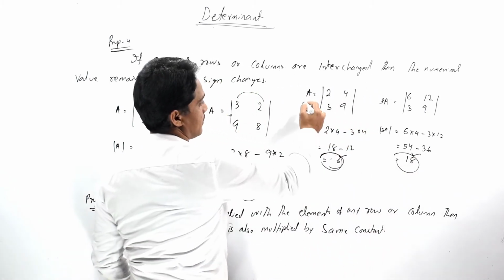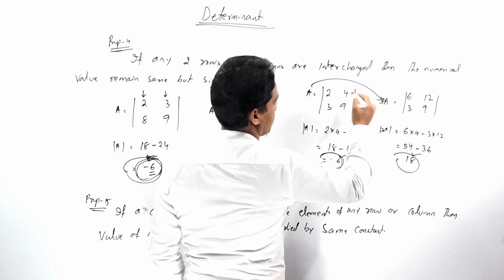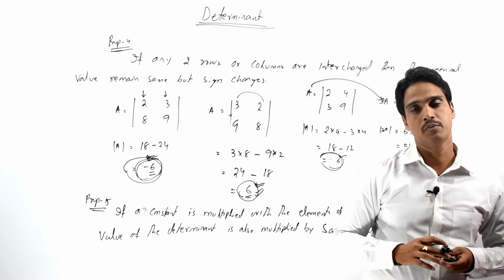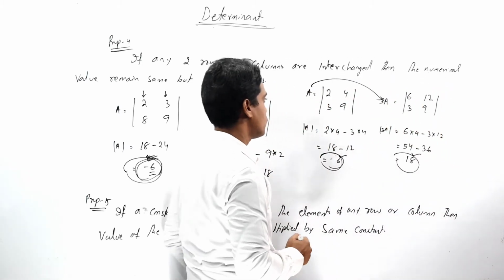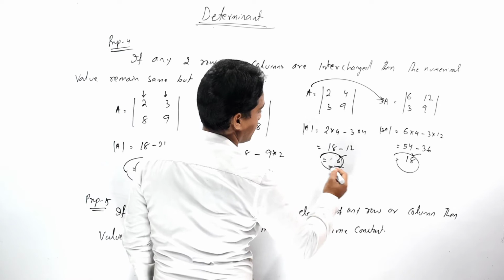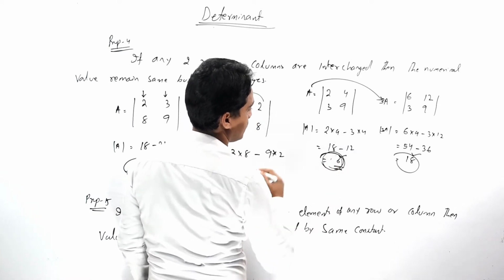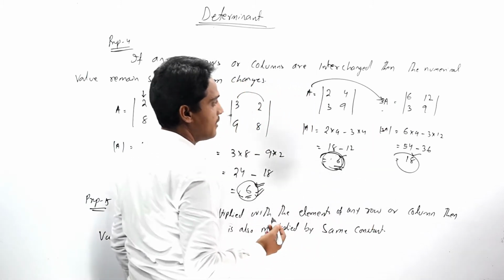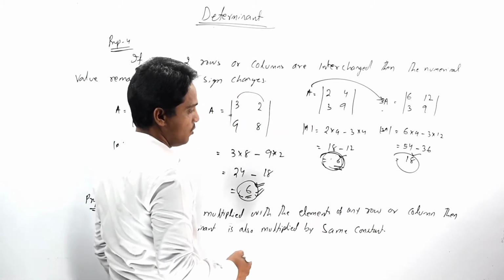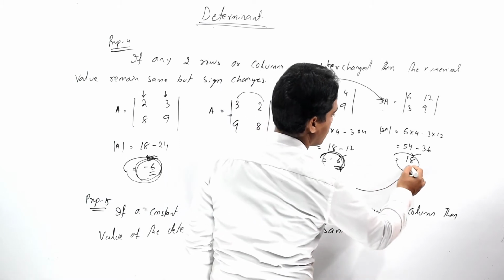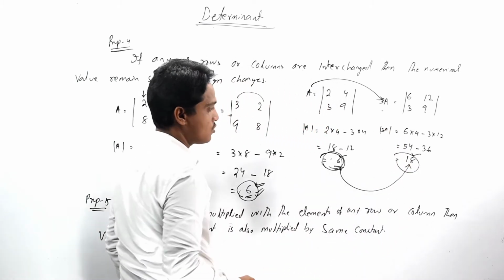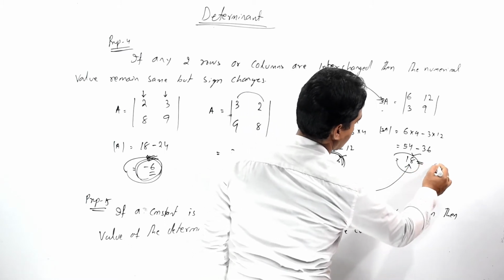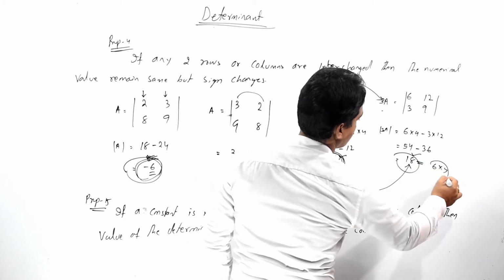So here we multiply 3 with the elements of first row. Originally the value of the determinant is 6. Now when we multiply 3 with the elements of first row, then the value of the determinant is also multiplied by the same constant, that is 18 equals 6 into 3.